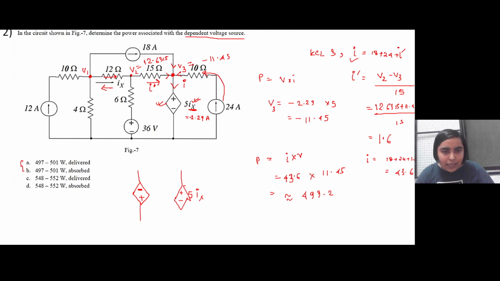The current that we have assumed here, I, comes out to be positive. So current is flowing in this direction, entering through the negative terminal and coming out of the positive terminal, which means the source is delivering power. So the correct option will be option C.